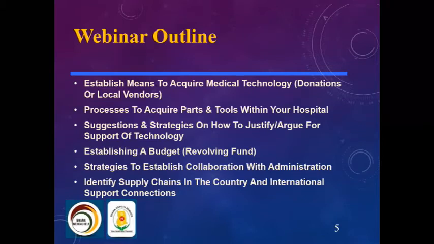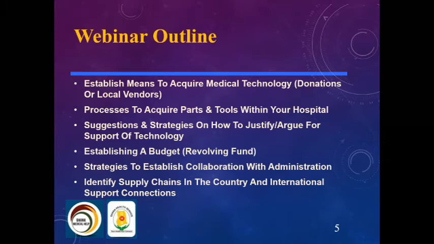This follows the webinar outline. The first bullet is to establish means to acquire medical technology, donations or vendors, or local vendors, and processes to acquire parts and tools within your hospital.